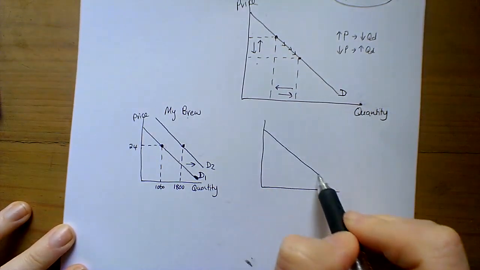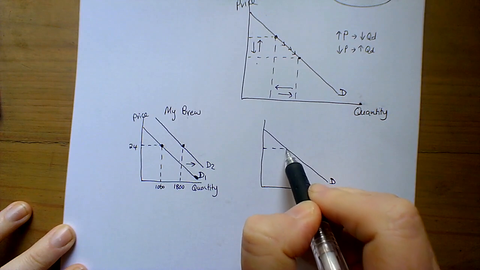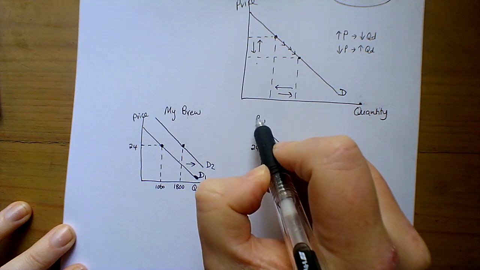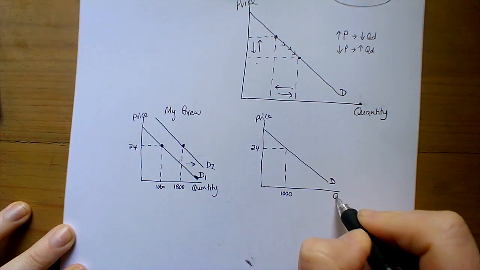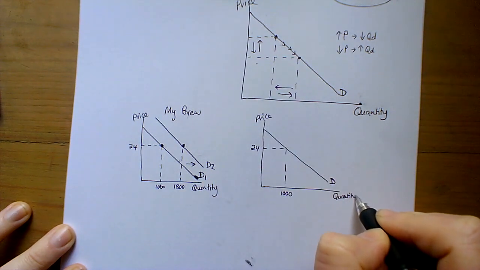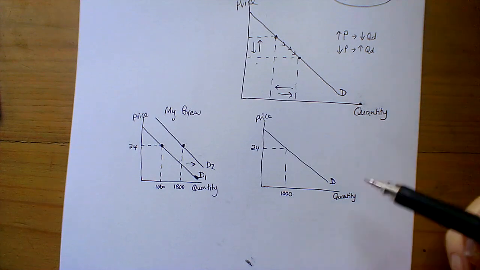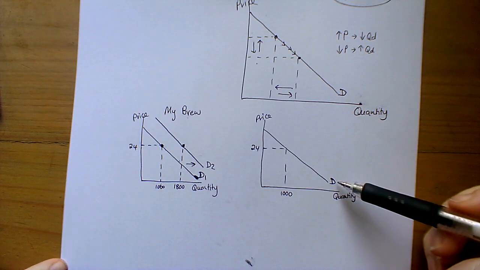So let's say, assuming again that MyBrew is charging 24 Rand and selling 1,000 coffees. And now we find that Vida decides to offer a 20% discount on all of its coffees for an entire week. How would that affect MyBrew's coffee sales?